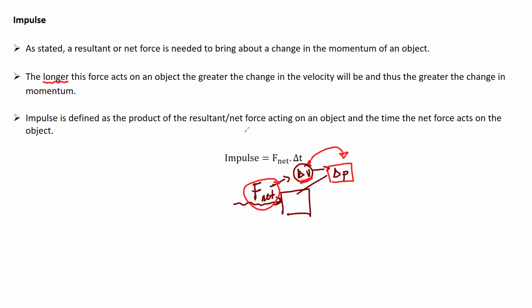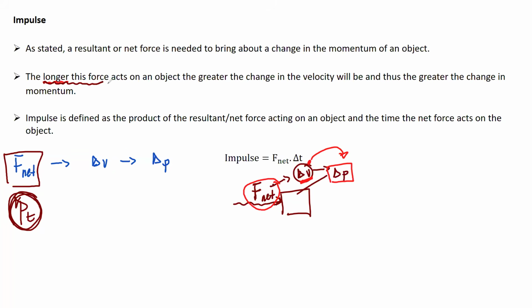What am I saying? I'm saying net force, do your thing. Change velocity, okay. Then momentum will change. But then I'm saying to you, if the net force acts on an object over a longer period of time, it means there's going to be a greater change in the velocity and consequently a greater change in the momentum of the object.